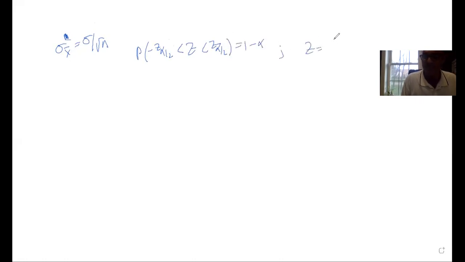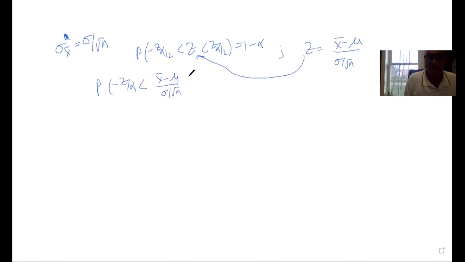And you know this, what is my z? Z is nothing but x bar minus mu divided by sigma over square root of n, right? Sigma known. If I plug this in, I get the probability that negative z alpha by 2 is less than x bar minus mu divided by sigma over square root of n, which is less than z alpha by 2, equals 1 minus alpha. What does it mean?